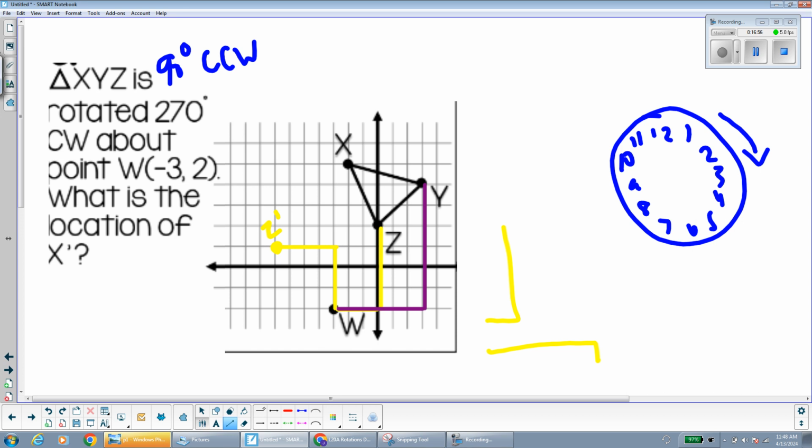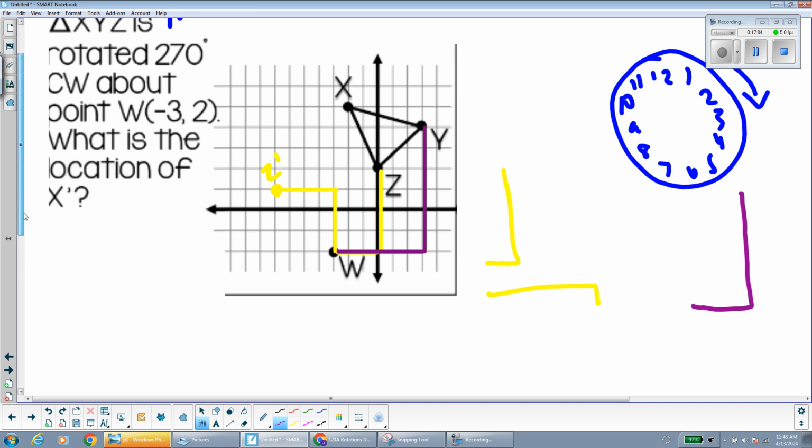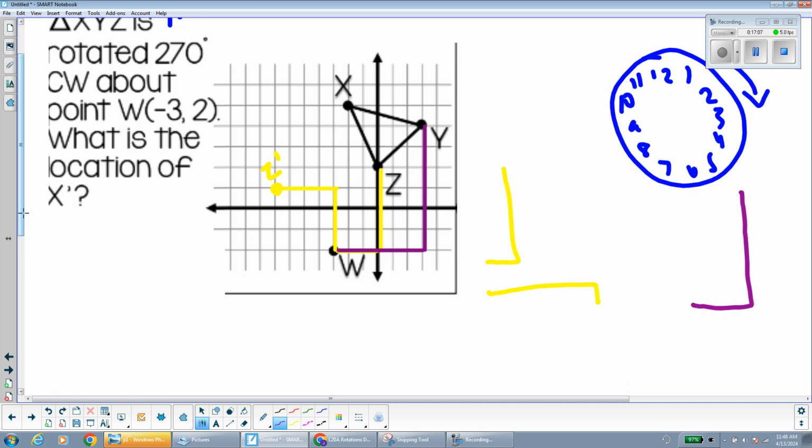And that L shape looks like this. So if we rotate it 90 degrees counterclockwise, it's going to look like this. So that's 1, 2, 3, 4, 5, 6, and 1, 2, 3, 4, 5, 6.